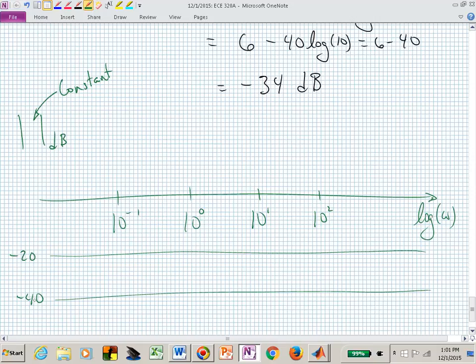Let's say those are our minus 20 and minus 40 curves. We are now at minus 34 dB. That's how difficult this is. Do you see why the sirens went off when you said, oh, I'm sketching this constant's Bode plot? It's just going to be a straight line for all omega, and you just have to locate that straight line.